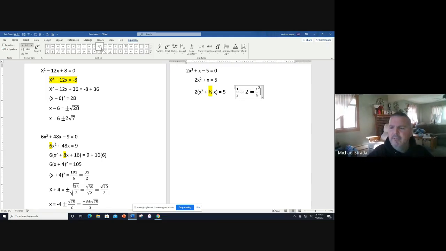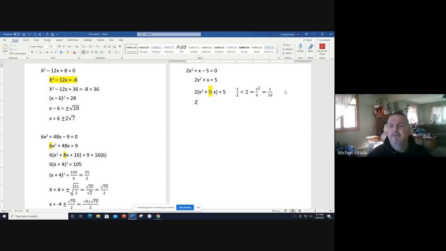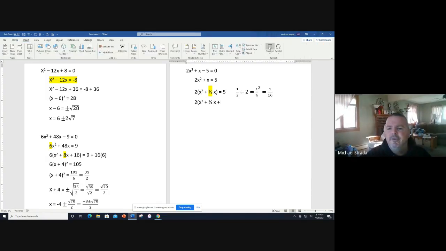And then when we square that, we get 1 over 16. So this becomes 2 times x squared plus 1/2 x plus 1 over 16.